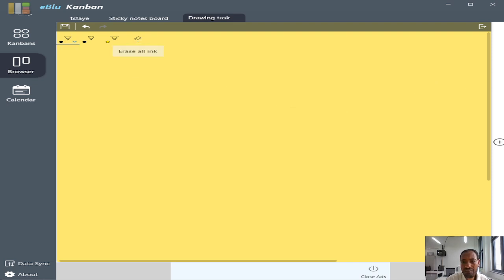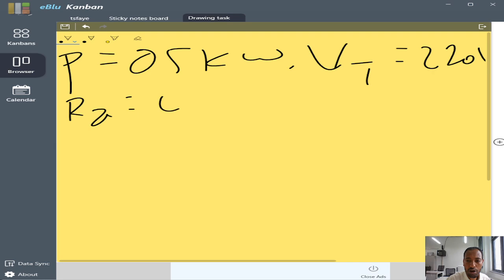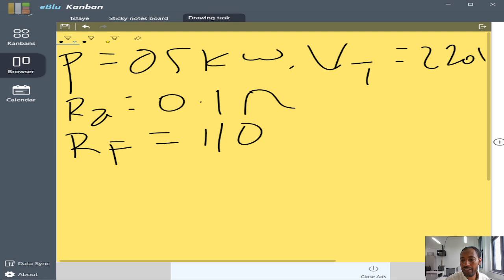Output power is given, 25 kilowatt. Terminal voltage is given, 220 volt. Armature resistance is given, 0.1 ohm. And field resistance is also given, 110 ohm.